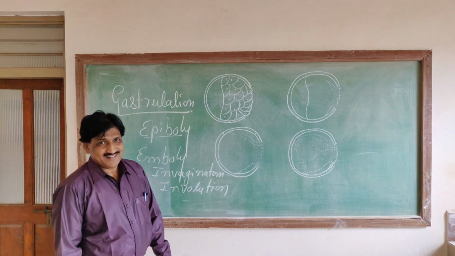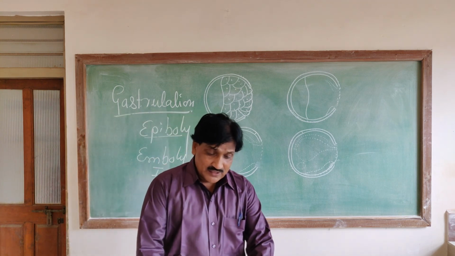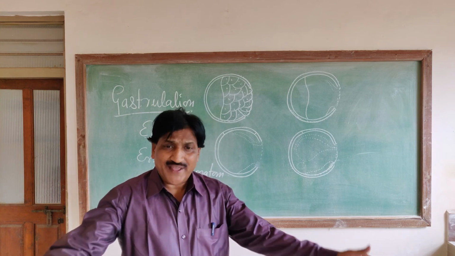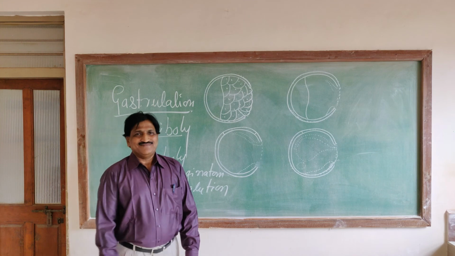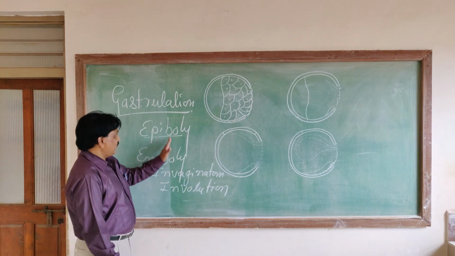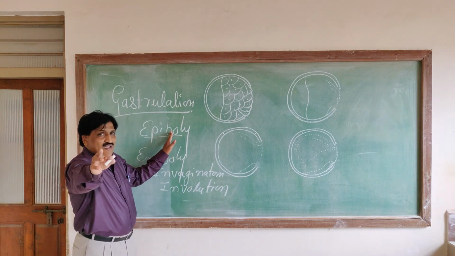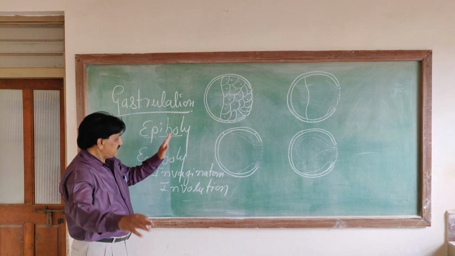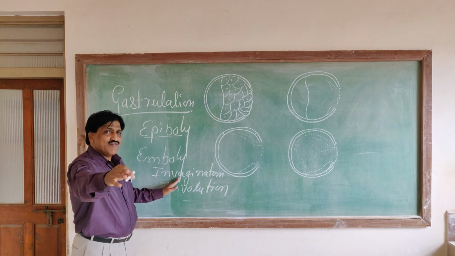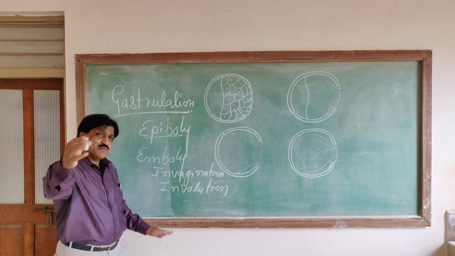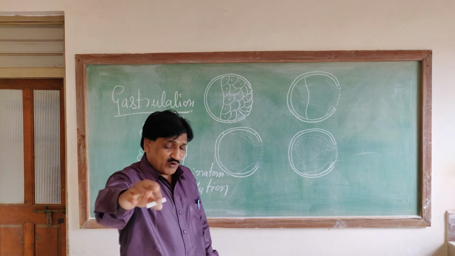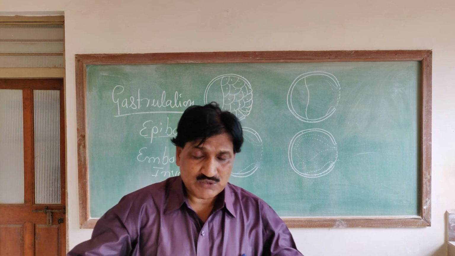Involution is meant for the formation of the notochord as well as the mesoderm. To repeat: epibole for the formation of ectoderm, invagination for the formation of the blastopore, and involution for the formation of notochord as well as mesoderm.